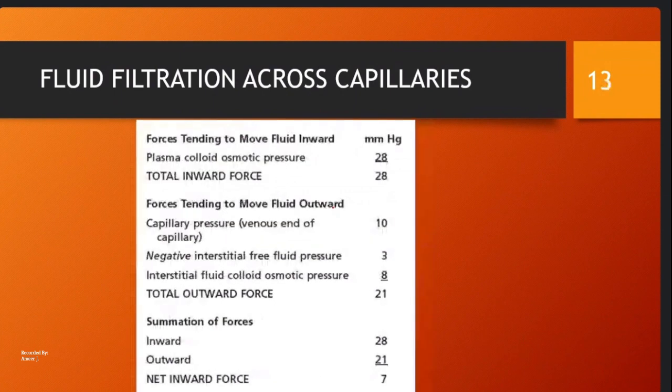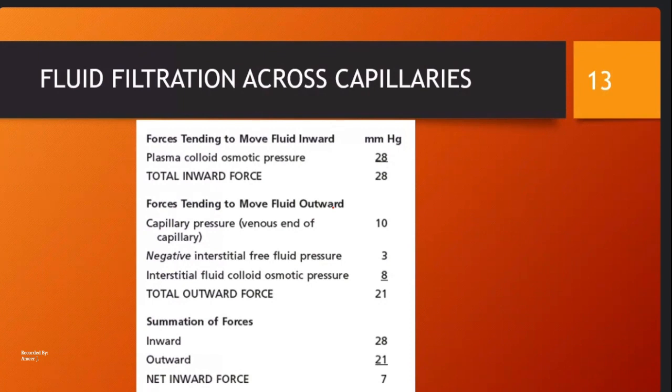But what about the venous end? At the venous end, the osmotic pressure inside the plasma is still the same, 28, but the forces that tend to filter fluid outside the capillary bed are a little different. At the venous end, the blood pressure is dropped and reduced.